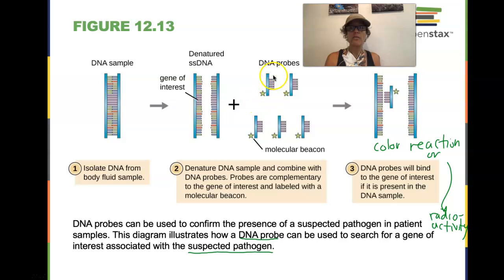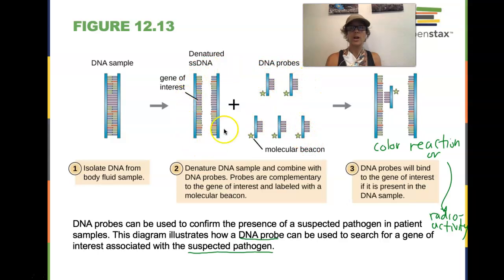And then we have probes. These are short pieces of DNA that contain the genetic sequence of the gene that we know must be present in the pathogen. And the little stars called molecular beacons, super fancy way of saying we stick a chemical on the end that will fluoresce. It'll glow in the dark a particular color. And these probes are also single-stranded.